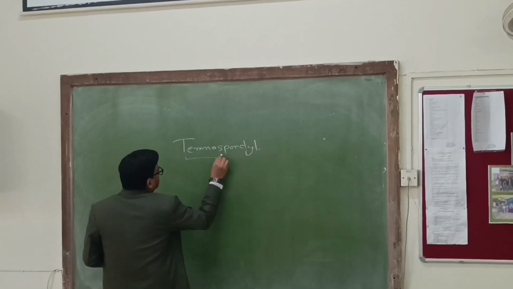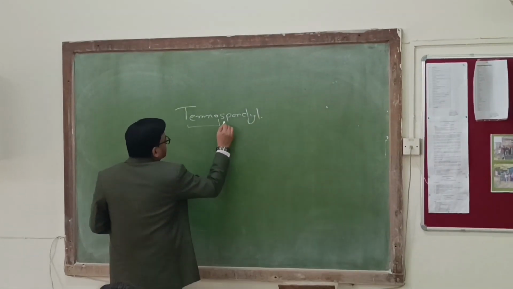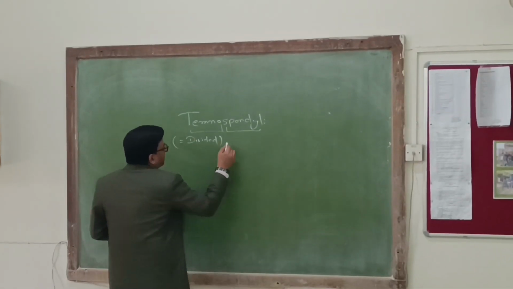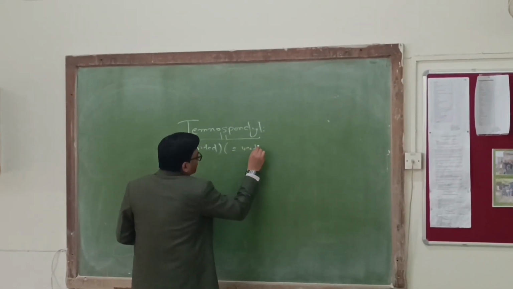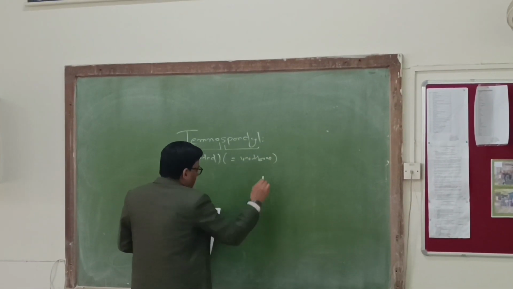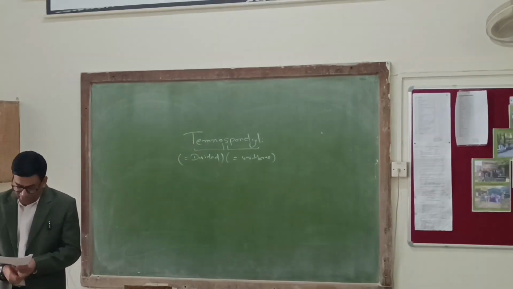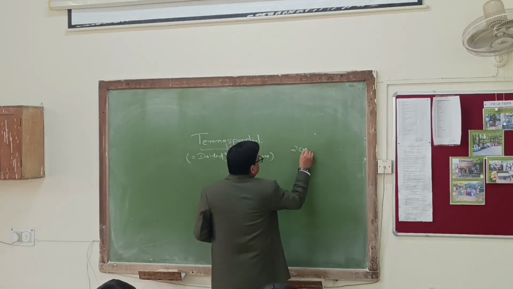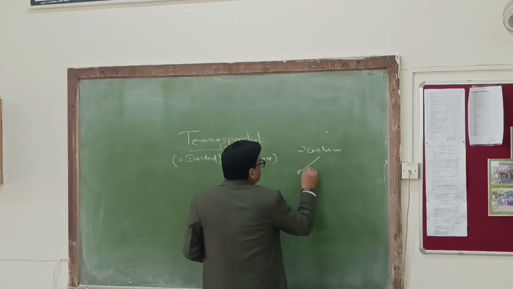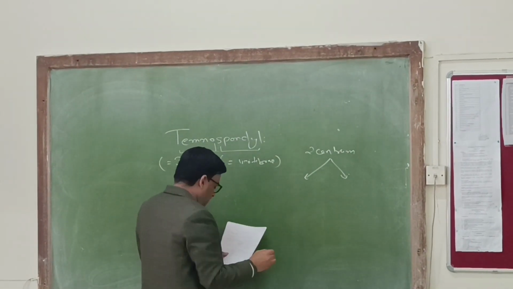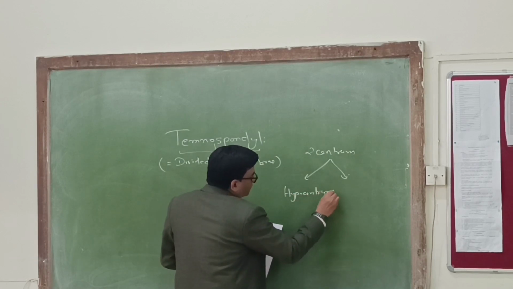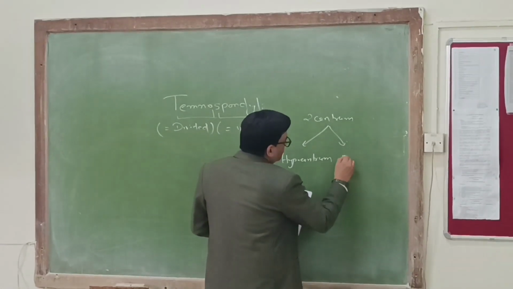Temno means divided. Spondyli means vertebrae. Divided vertebrae. So basically, there are two centrum, the hypocentrum and the pleurocentrum.